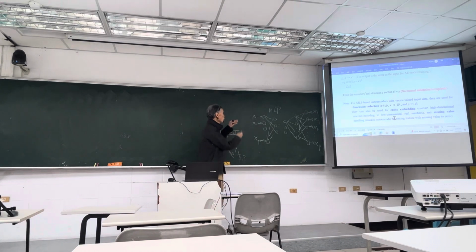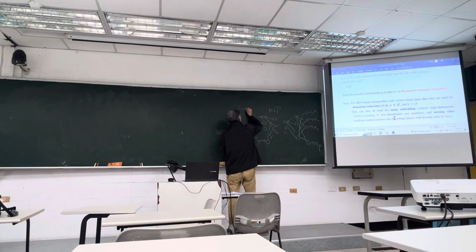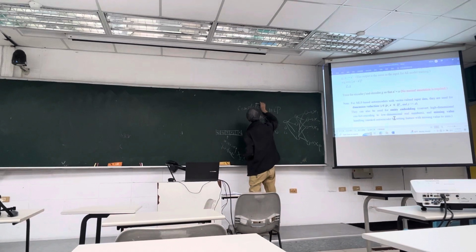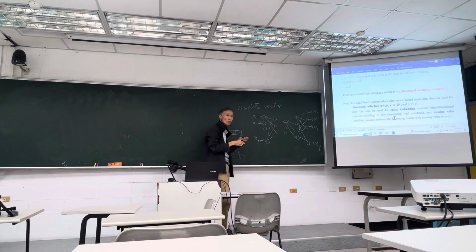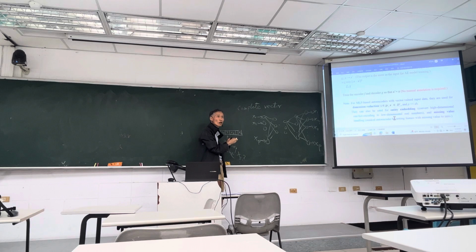First, you collect all the samples that have a complete vector. When I say complete, which means what? There's no missing value. All the samples have the complete information for each individual feature. For example, in your training data, first take away the ones with missing values, and feed in the ones with complete data.